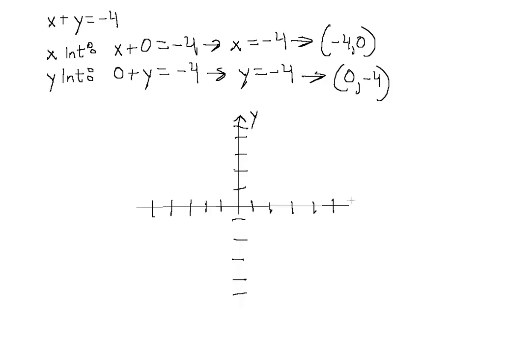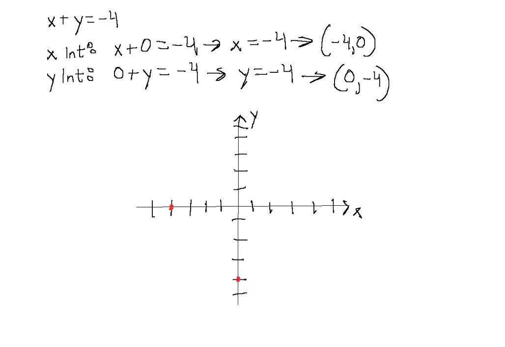And you'll get better with the scale as we do more examples. Our x-intercept is going to be (-4, 0). So 1, 2, 3, 4. And our y-intercept is (0, -4). 1, 2, 3, 4. Okay.